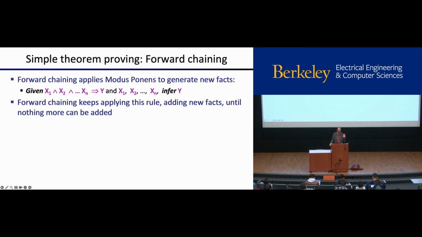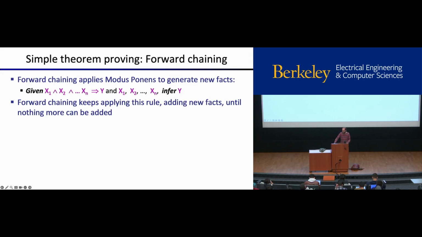If that sentence is in our knowledge base, you can't use forward chaining unless you manage to rewrite the sentence into a different form. Forward chaining only works, and this is its main weakness, if the sentences in your knowledge base are of a particular form. But if they are, it runs really fast, so it's good to use.